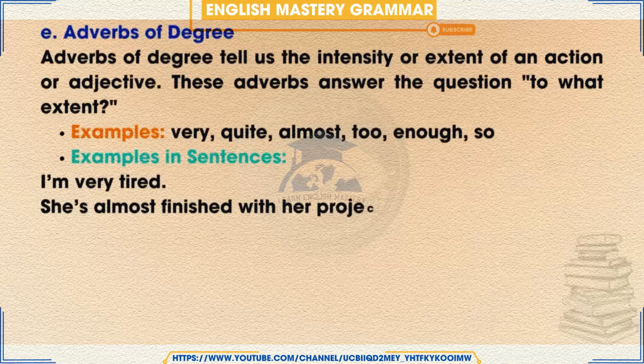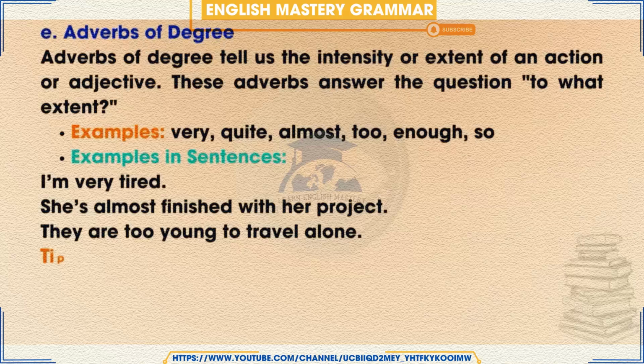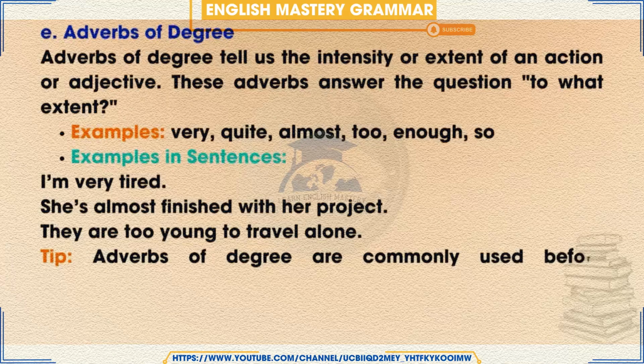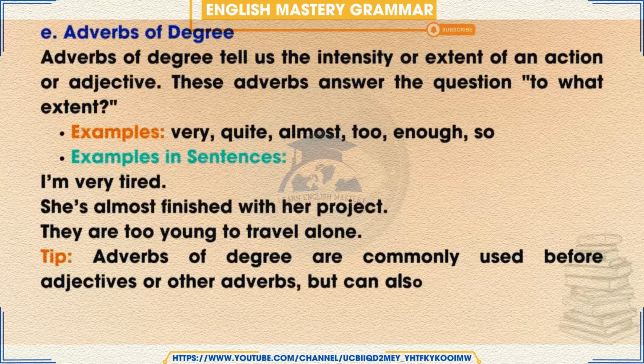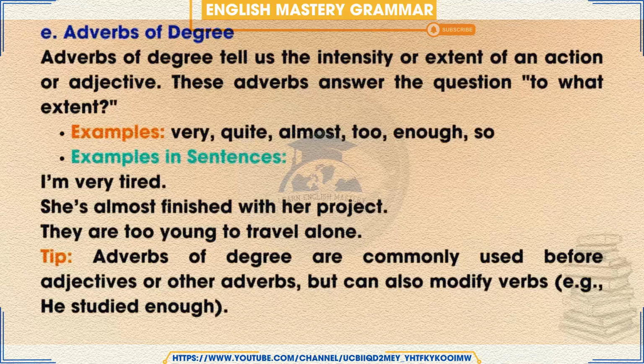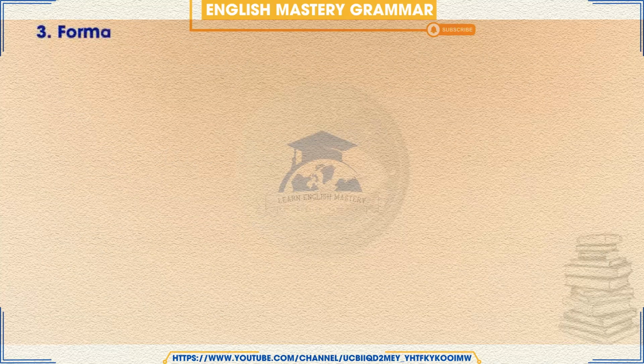She's almost finished with her project. They are too young to travel alone. Tip: adverbs of degree are commonly used before adjectives or other adverbs, but can also modify verbs, e.g., he studied enough.